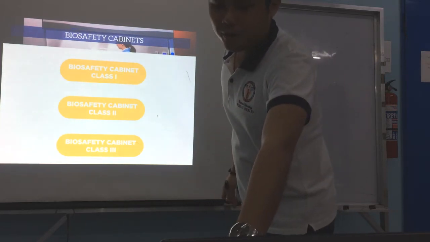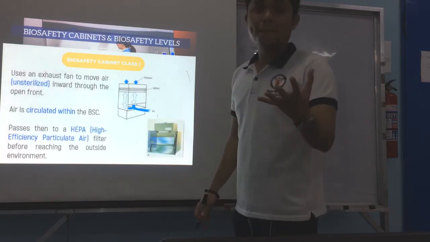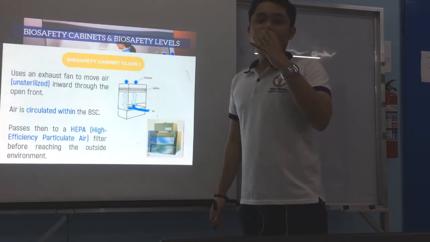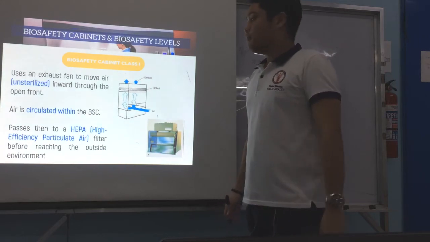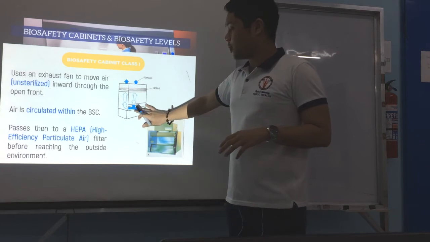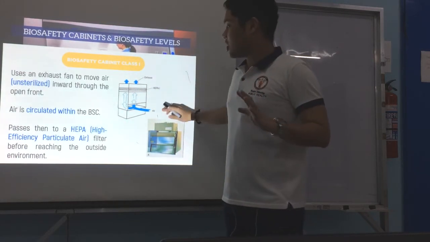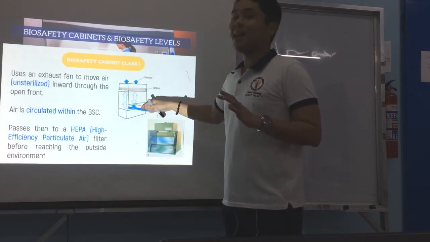So we'll start first with your BSC 1. Your BSC 1 is the most simple and most basic of the BSCs. The point of BSC 1 is that it allows unsterilized air, meaning room air that is not sterilized, to enter through the variable sash opening.